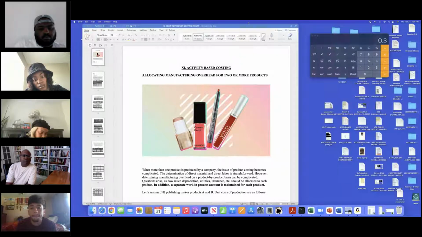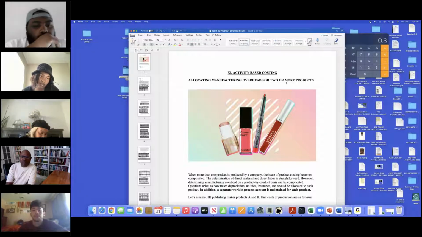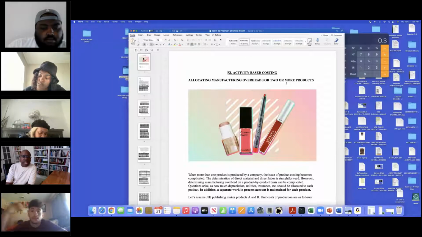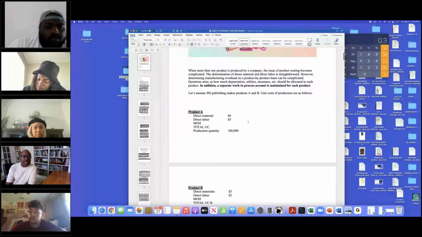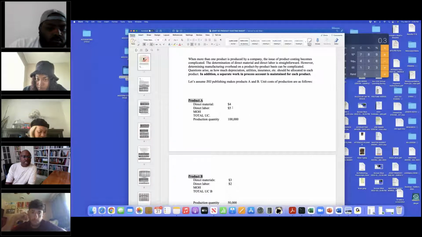Okay, so we're working with activity-based costing, as its title said, allocating manufacturing overhead for two or more products. We looked at an example where we had two products, product A and product B. For product A, direct materials were 4, direct labor was 5, and we were making 100,000.